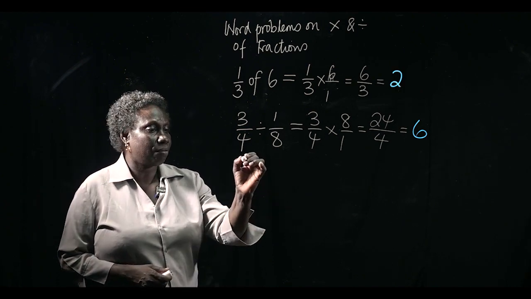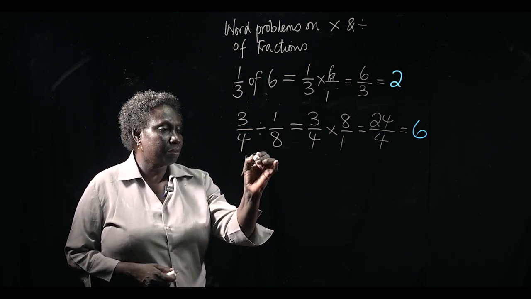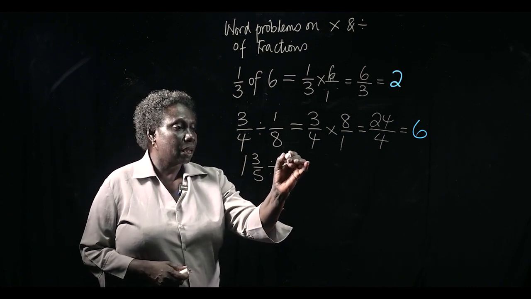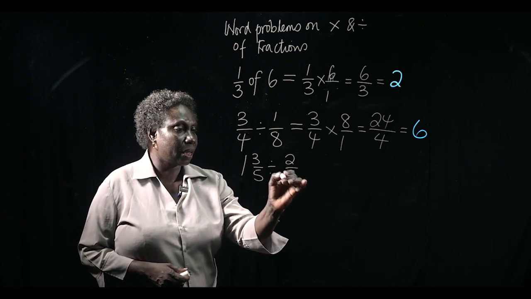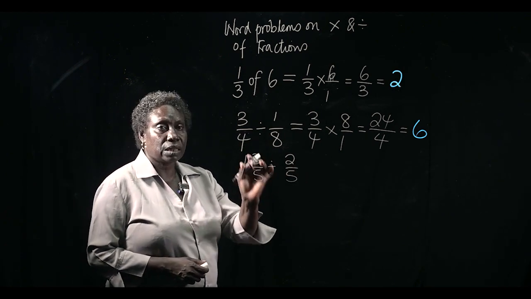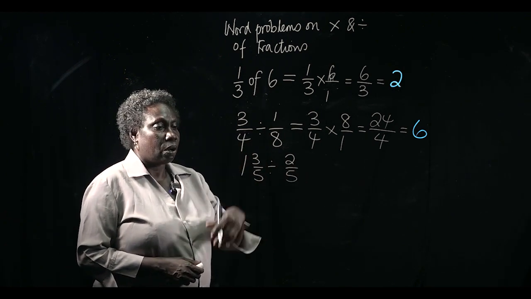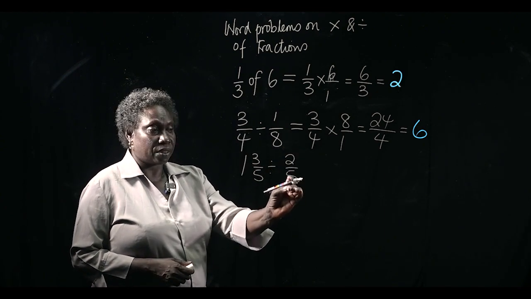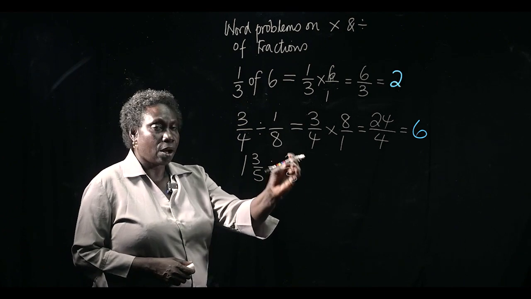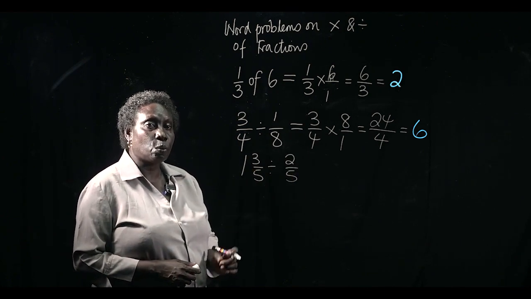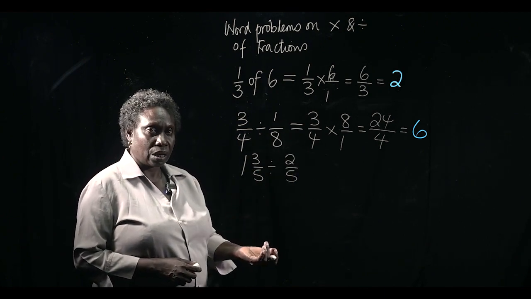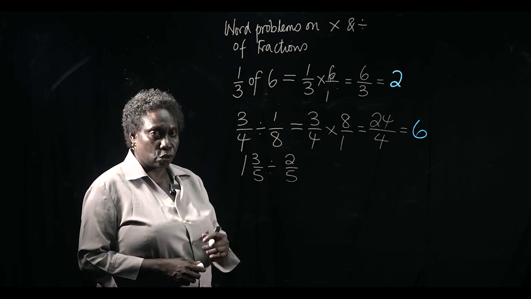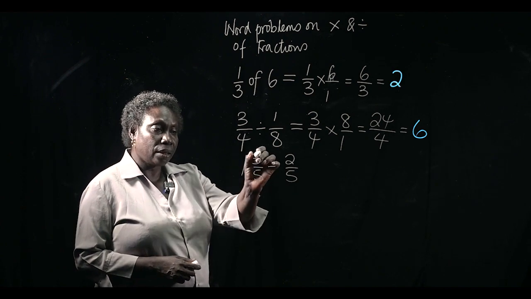So we have 1 3/5 divided by 2/5. Okay, 1 3/5 is the amount of meters of material that she has, and 2/5 is the amount that is required to make a pair of shorts. Now, our question is, how many shorts are going to be made from 1 3/5?